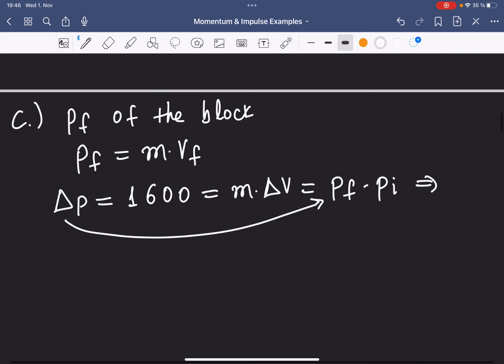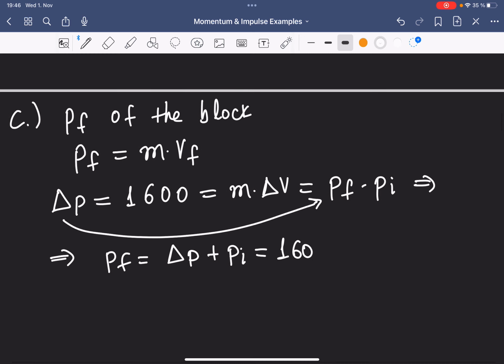Change in time, it's the final time minus the initial time. So from this one, we can simply solve for PF, and PF is going to be the change in momentum plus the initial momentum. The change in momentum is 1600. The initial momentum is the mass of the object times the VI.